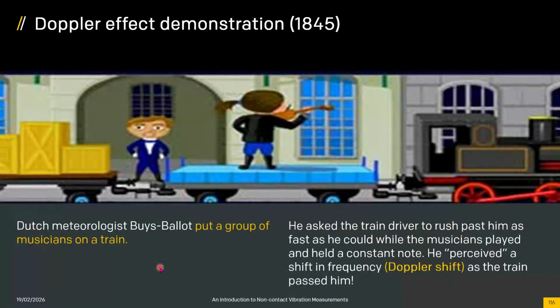Before we get into what a vibrometer is, I found this fascinating work that a Dutch meteorologist had done back in the day to show what a Doppler shift is, like really show it. He had a bunch of musicians on a train playing a single note, and as the train moved towards and away from the listener, they could feel a shift in the pitch, even though they were playing the same note.